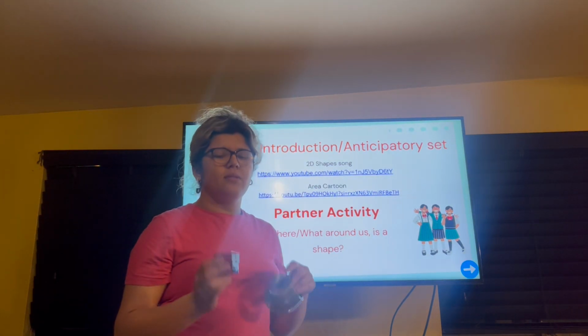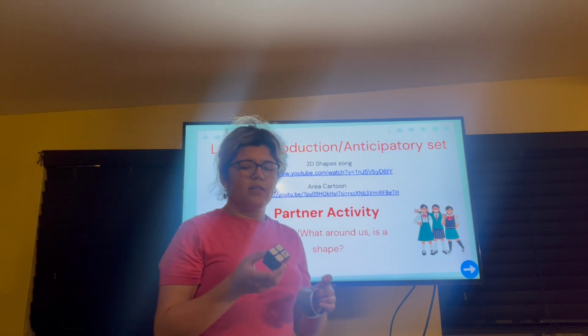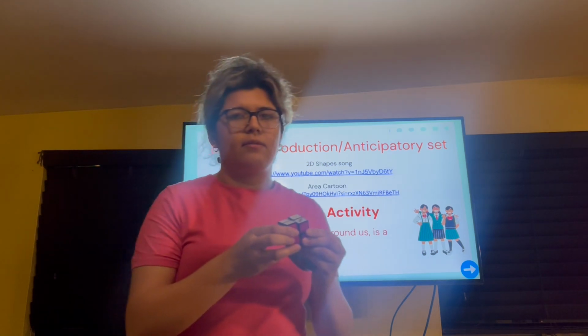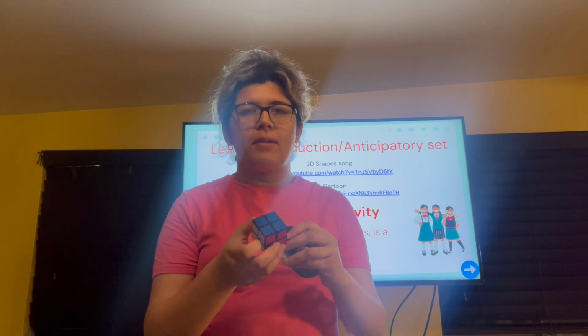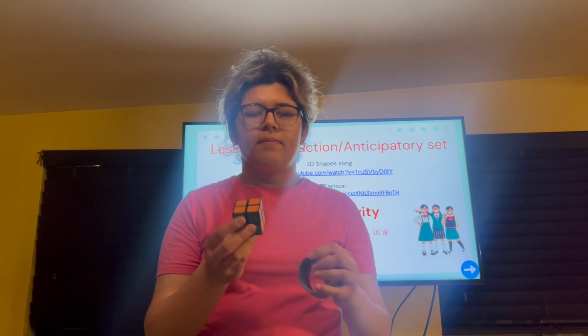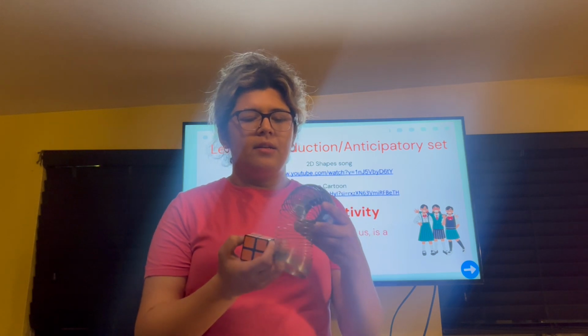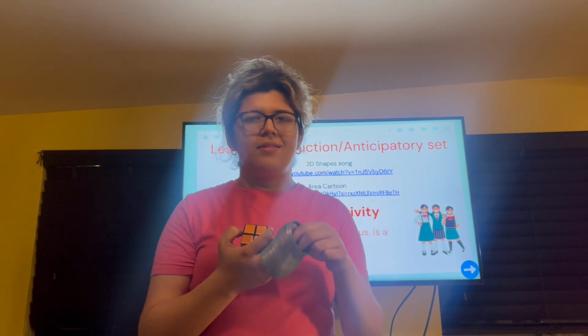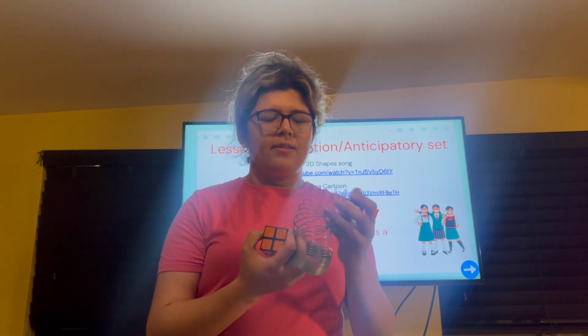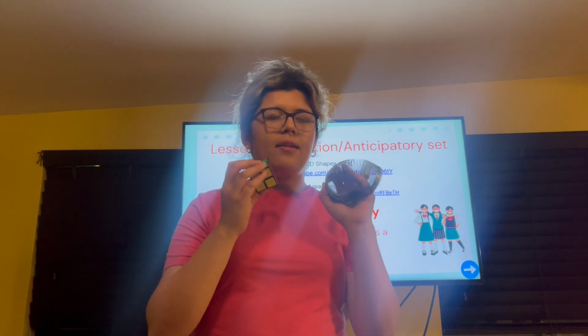So I will show the students that each face of this Rubik's Cube is a square. Everything is a square. And then this slinky, obviously it's not a 2D figure, because it's a 3D figure similar to the cube.